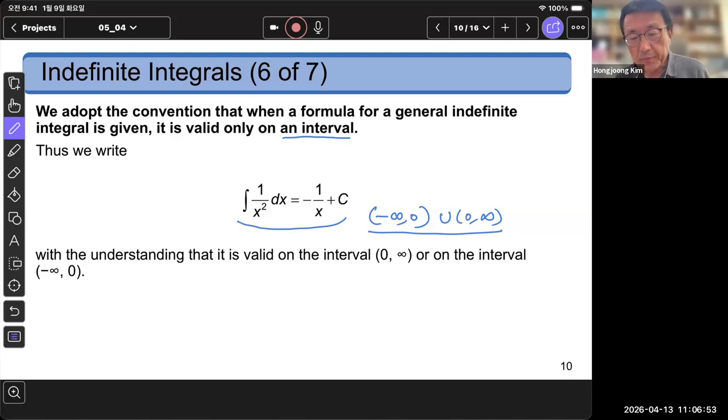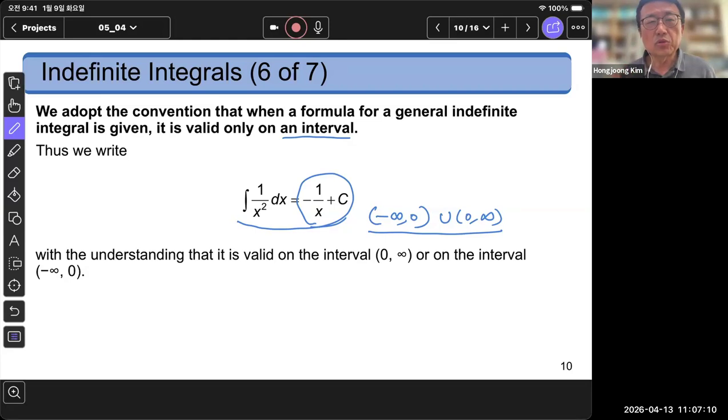But people in the science community usually use this single c notation, and you can even use this single c in the exam.